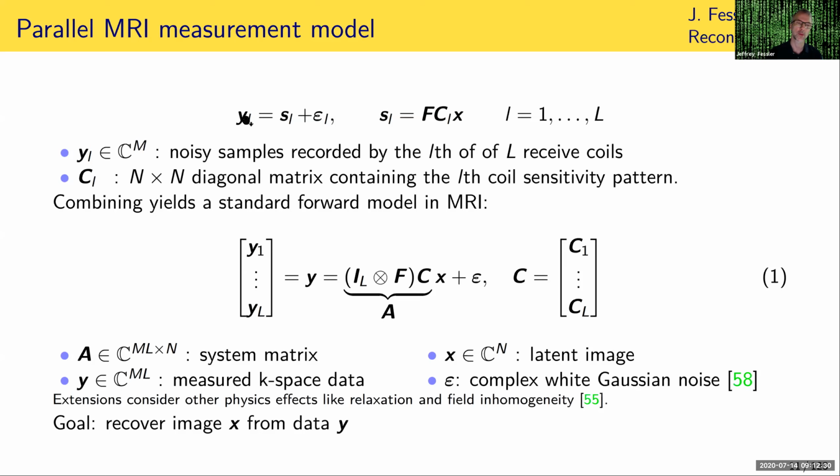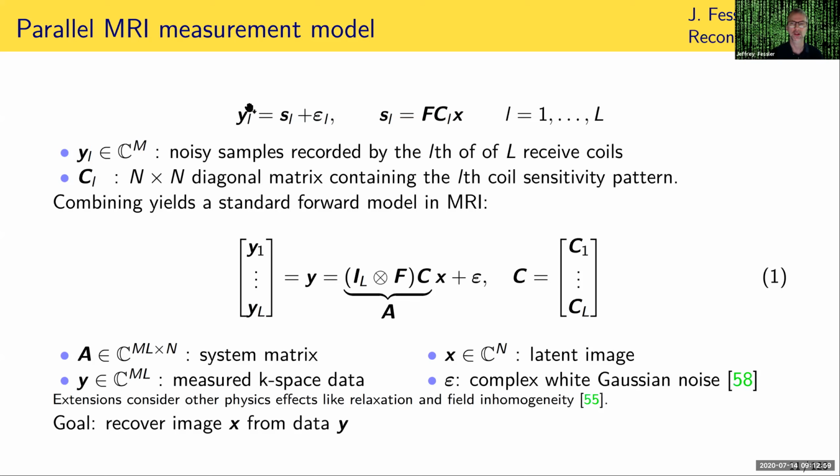The samples recorded by the Lth coil are an underlying magnetization pattern as seen through the coil sensitivity of the Lth receive coil, and then we have our Fourier encoding, and then plus noise. So this C sub L here is a diagonal matrix that has the coil sensitivity patterns along the diagonal. And a coil that's on the right side of the head is more sensitive to the spins coming from that side of the head than a coil that's on the other side of the head.